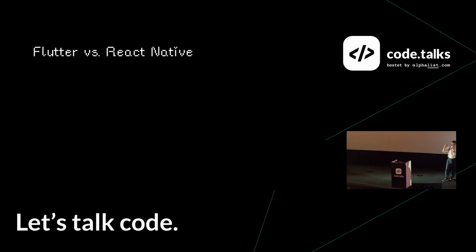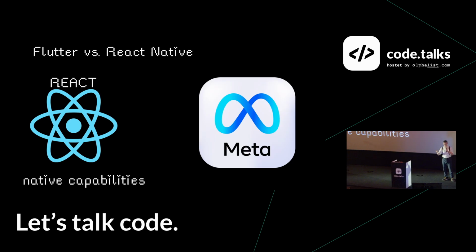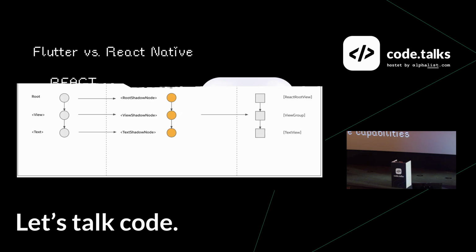Then what about React Native? As I am a front-end developer, why not? React Native is also an open source framework, developed by Meta. We are writing React components and utilizing native capabilities of the platforms to create Android and iOS applications.